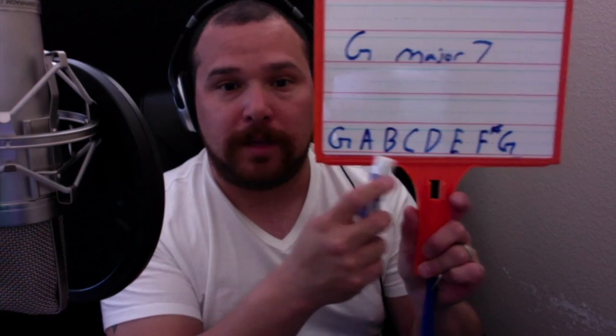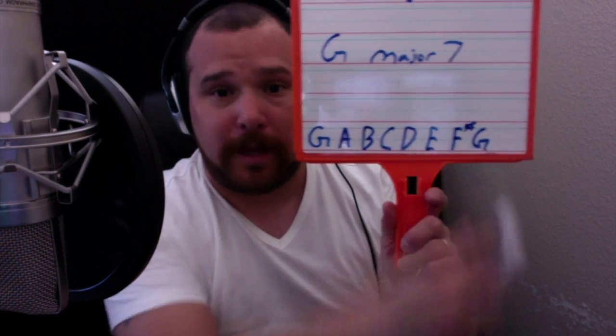So this right here is an F sharp. So in order to make the scale correct, you've got to have the F sharp, which is why I put the sharp sign right there. See that? Okay. I'm going to explain that again. So G, A, B, C, D, E, F sharp, and G makes up our G scale.